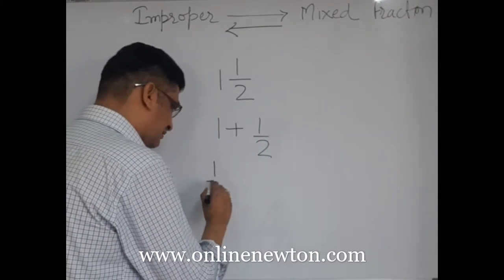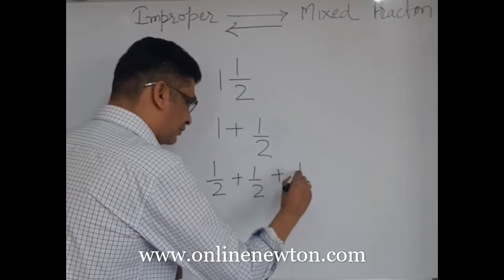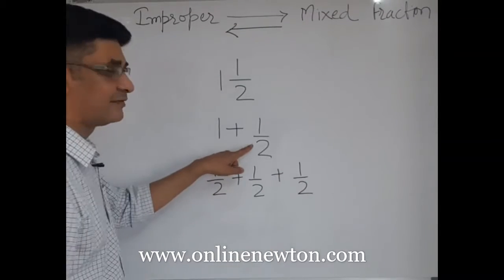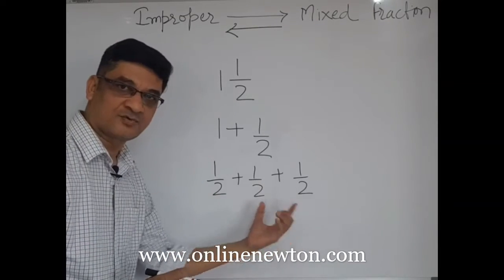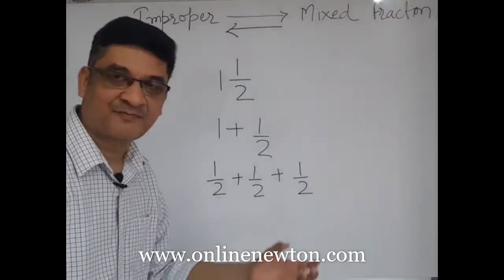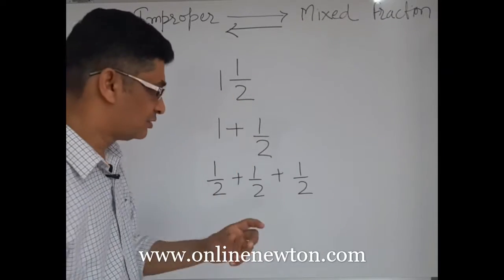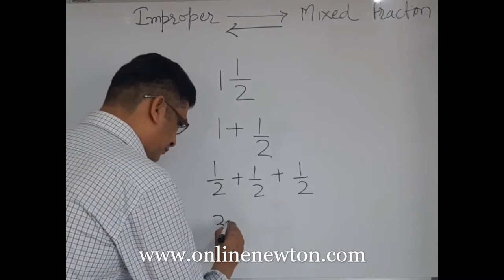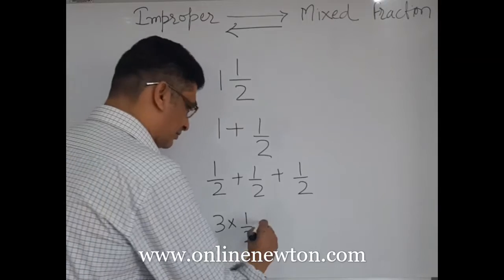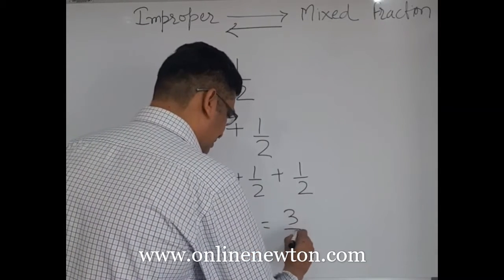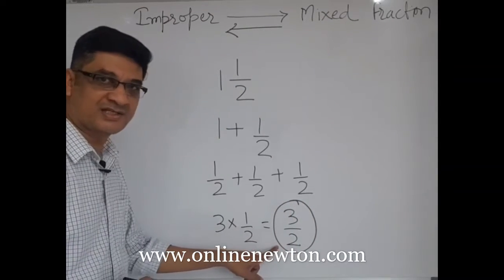So this will be written as 1 by 2 plus 1 by 2, and we have this 1 by 2. How many are there? 1, 2 and 3. So we have 3 pieces of that apple whose size is 1 by 2. So we have 3 into 1 by 2, and 3 into 1 by 2 is 3 by 2, and this is an improper fraction.